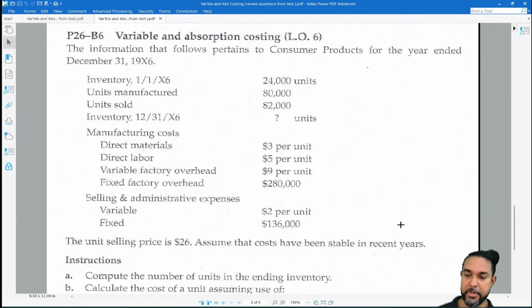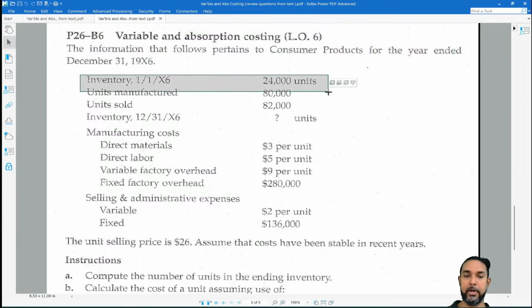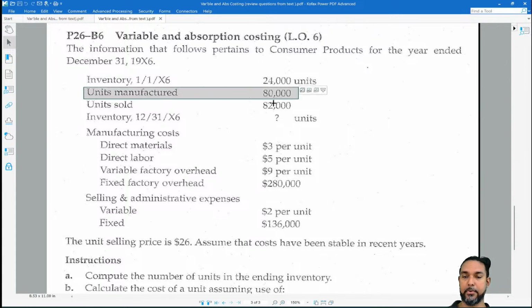All right, so let's take a quick read, and then we'll do this piece by piece. The information that follows pertains to consumer products for the year ended December 31st, 19x6. At January 1st, 19x6, we have 24,000 units, and we made 80,000 units.